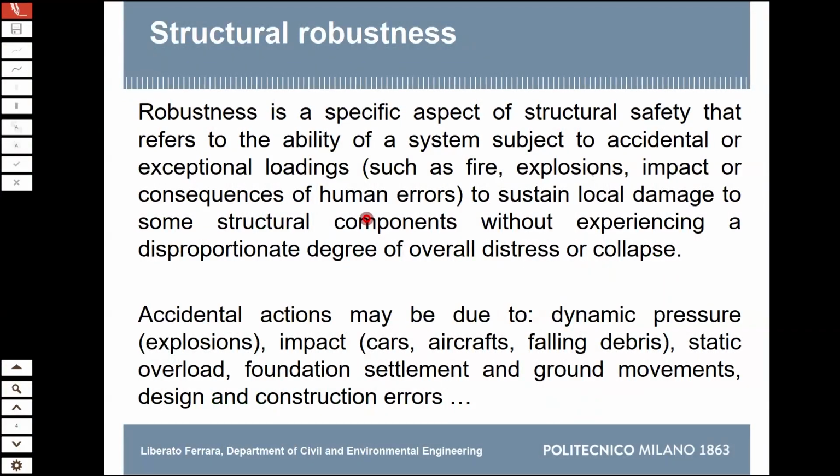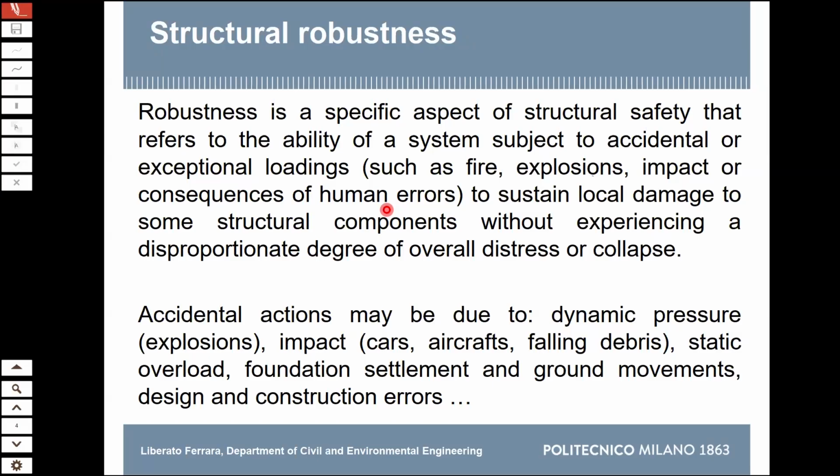So robustness is a very specific aspect of structural safety and of structural design. It's the principle for which we design, which is that accidental, exceptional loadings can happen. Absolutely, we cannot ask ourselves to design for exceptional loadings in the same way as we design for gravity loads.